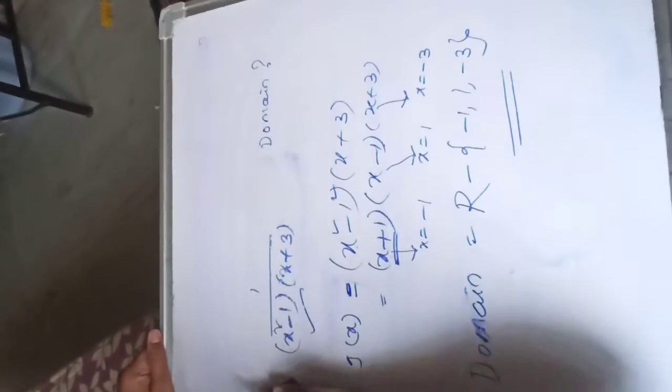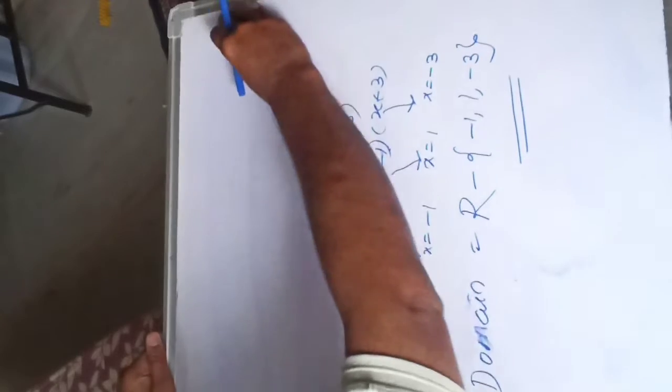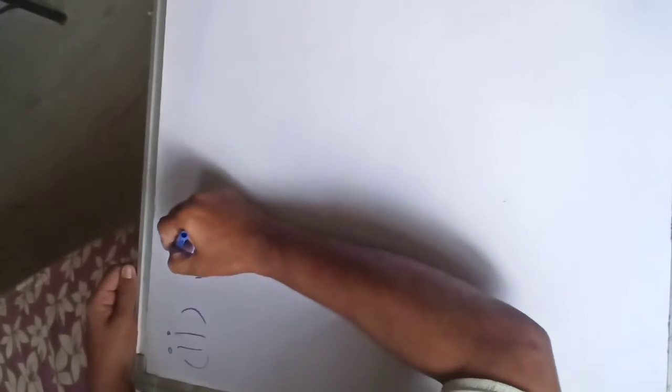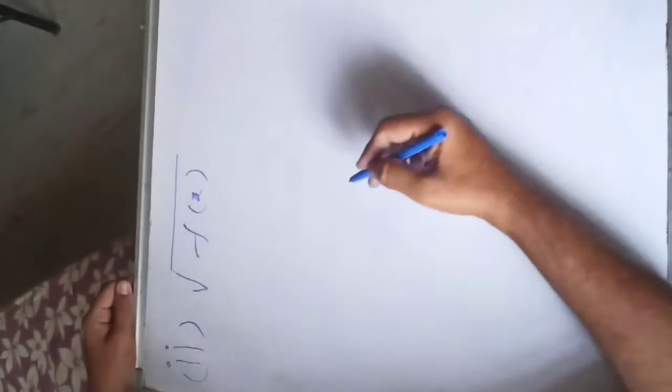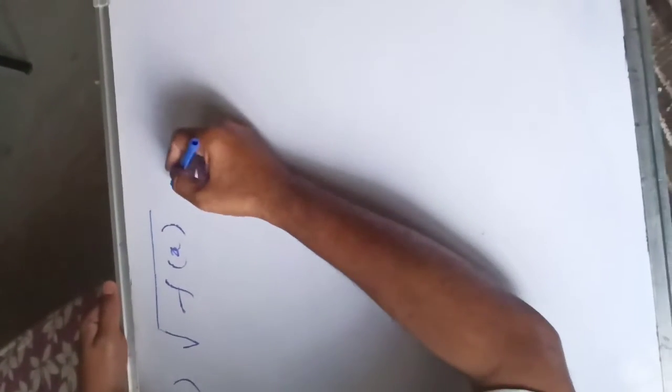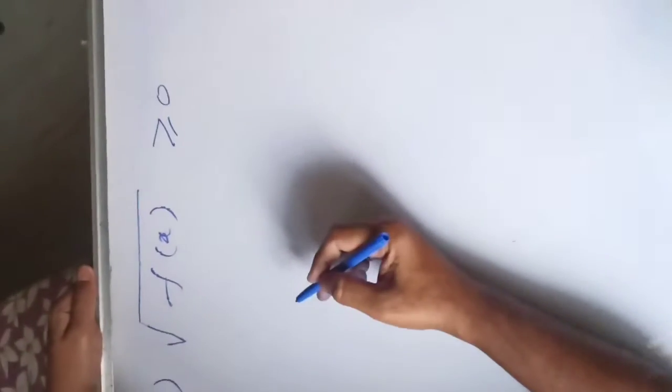Second model is the square root function. Okay, how are we going to find the square root function's domain? Suppose the second method is, if you want to find the domain of a square root function, root over f of x, how are we going to find it? Every square root value is greater than or equal to 0.